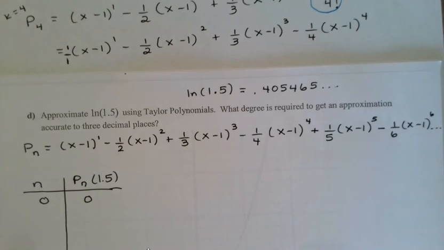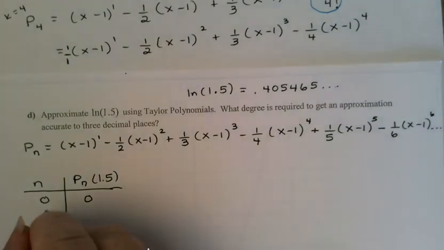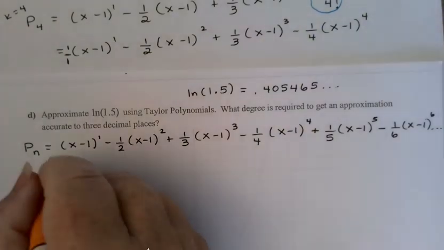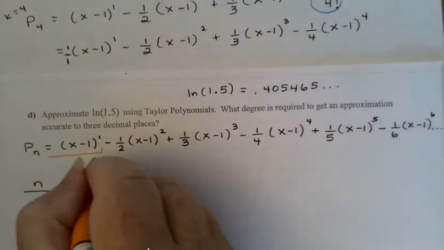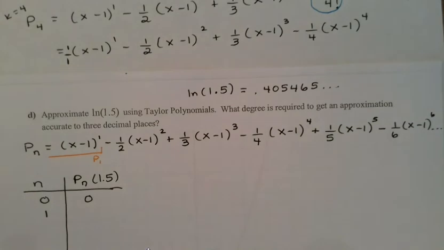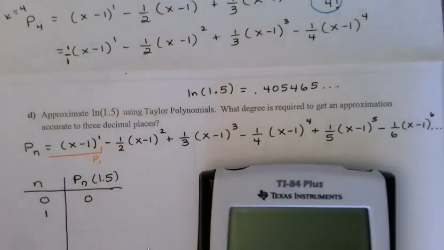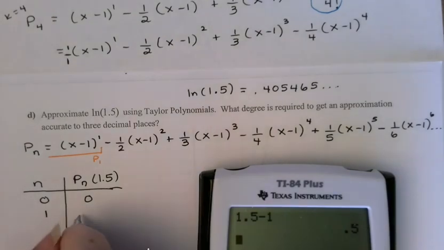That doesn't agree at all. P1, here's P1 out that far. I'm just going to grab my calculator and do this as we go along. So for P1, I'd be plugging 1.5 in here. Obviously 1.5 minus 1 gives us our old linear approximation of 0.5.